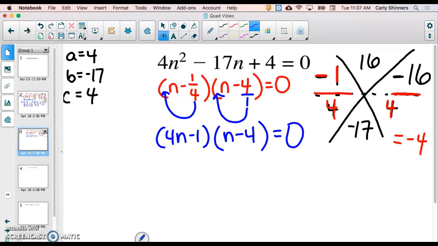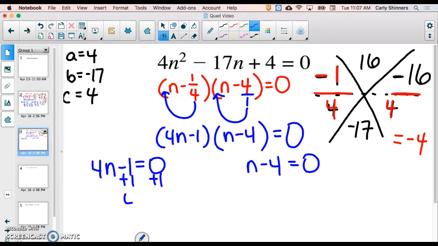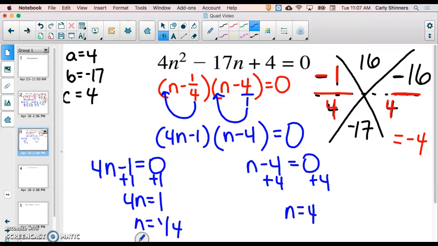And now I can use the zero product property, which tells me if my product is 0, one of these has to be equal to 0. So those are my two answers, my two x-intercepts. Here they are.